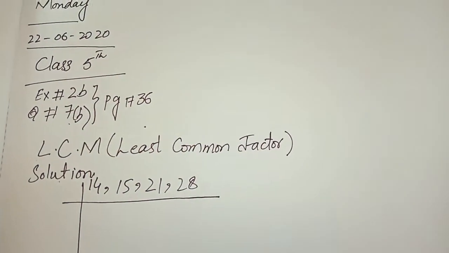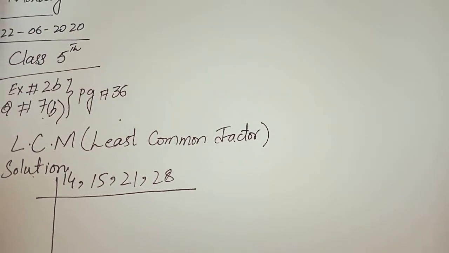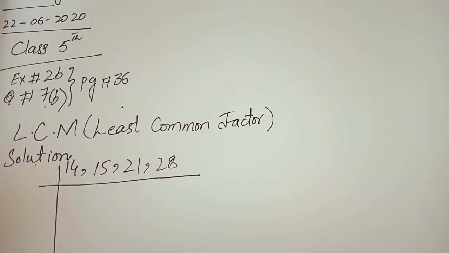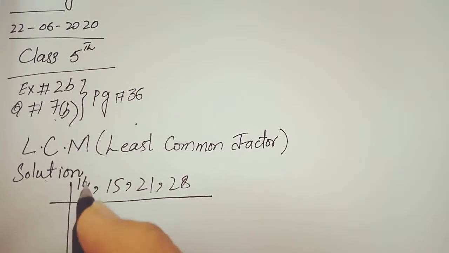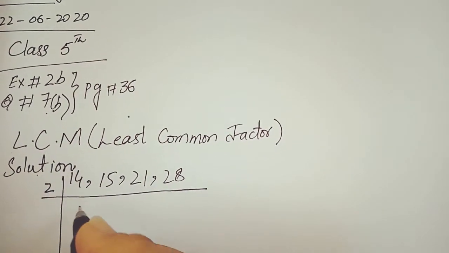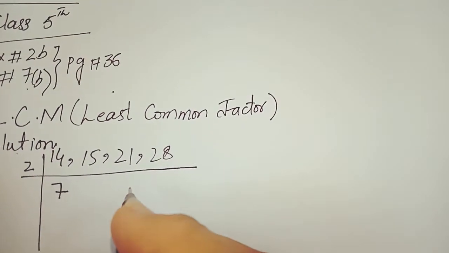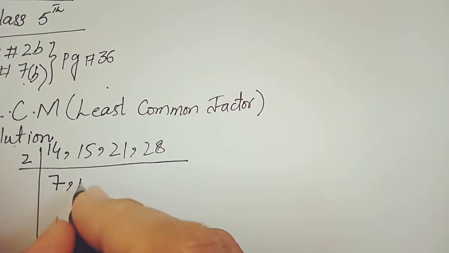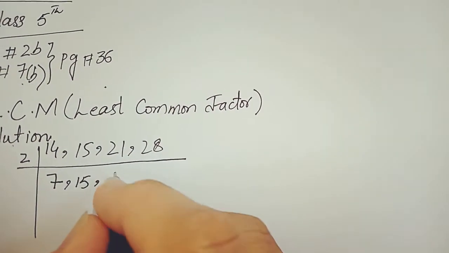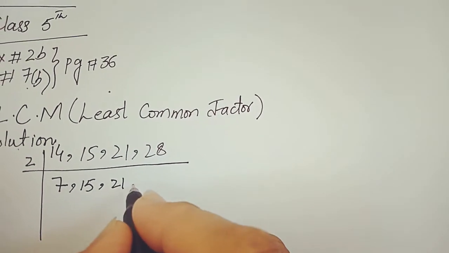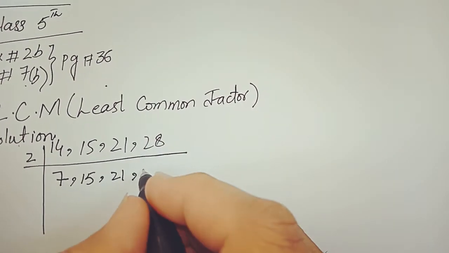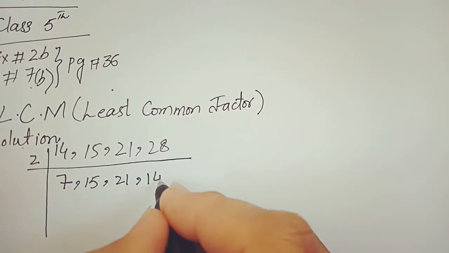What we have to do, see on which table these all numbers are divisible. Starting from the smallest table, 2 sevens are 14, 21 is an odd number, it is not divisible by 2, 2 ones are 2, 2 fours are 8.